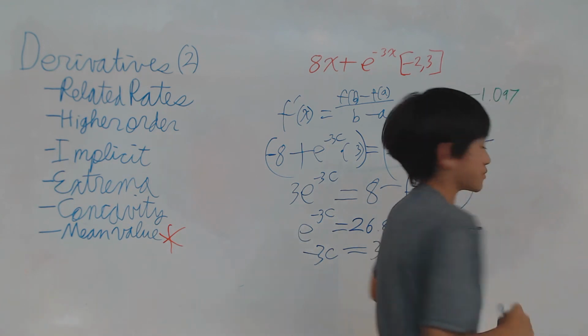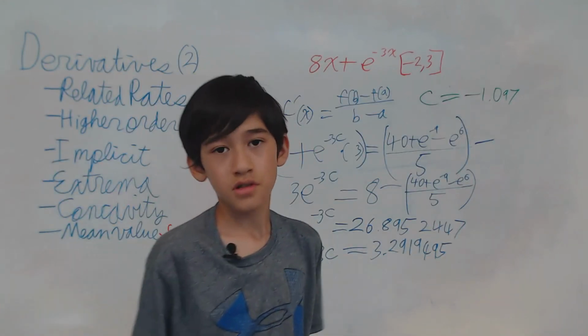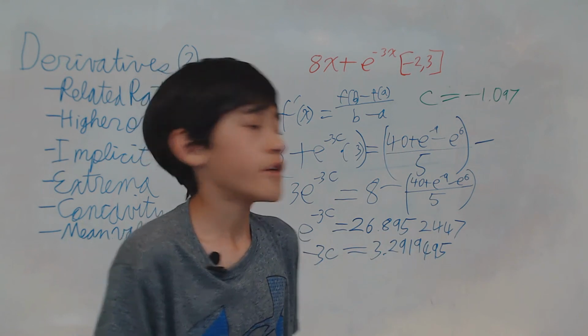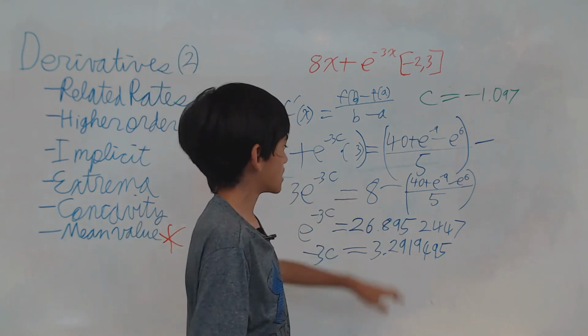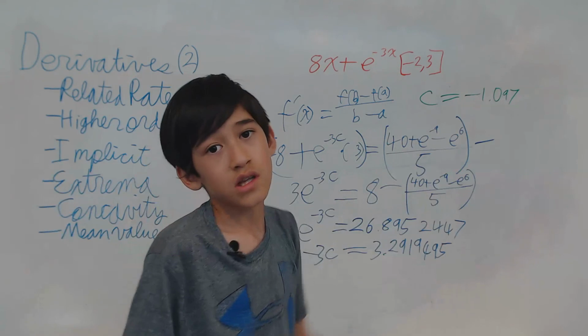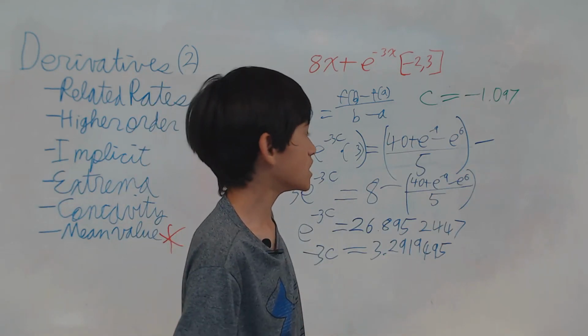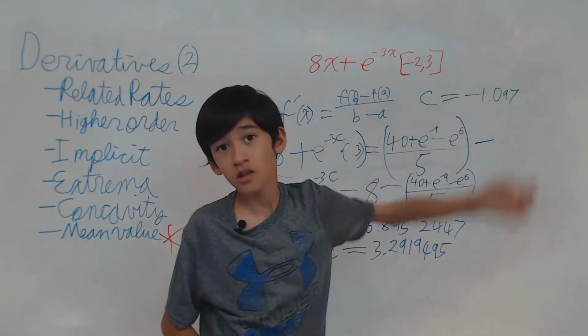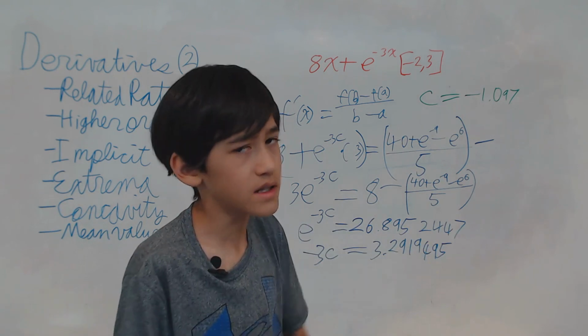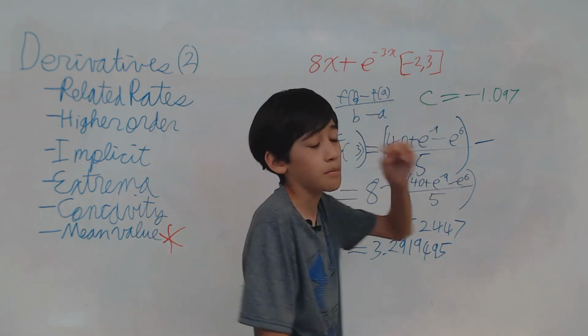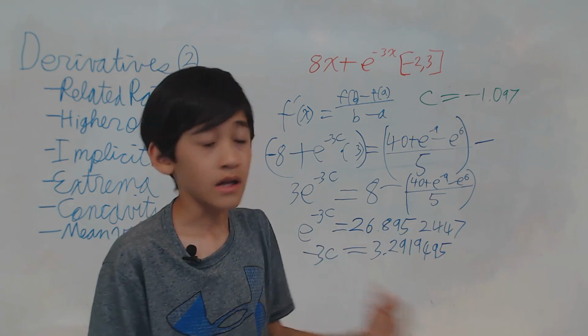And that's all the decimal places we need if we want to do it to the thousandths. And of course, if we had taken this expression and manipulated it, we would have gotten a huge expression that would be really hard to tell if it's in this interval. But negative 1.097 is in the interval. It's more than negative 2 and less than 3.